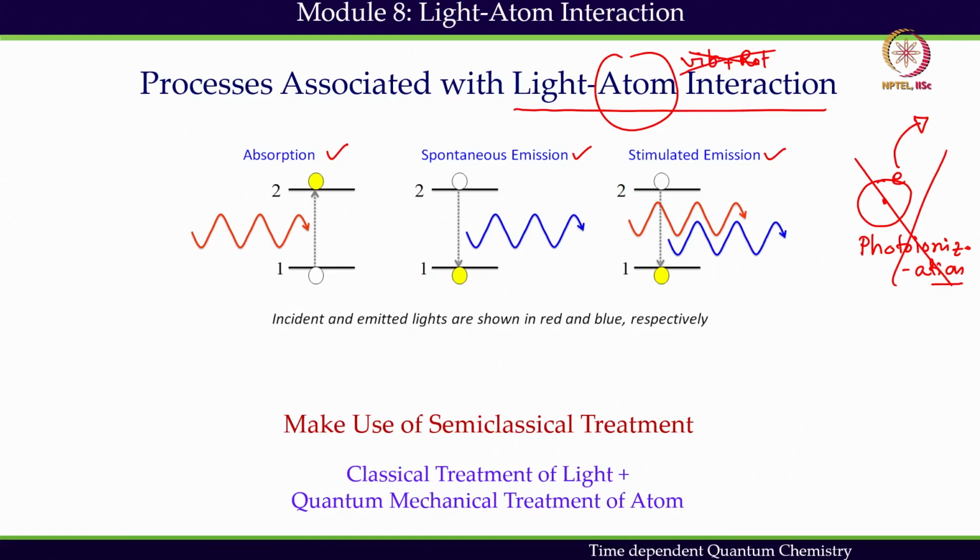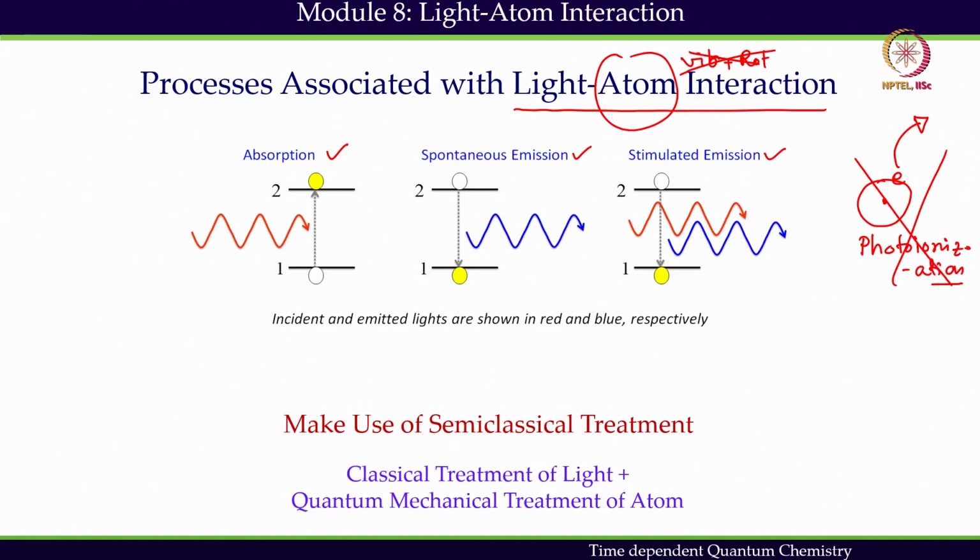For polyatomic molecules, it can have vibration and rotational transition as well, but we will go over it later. In this module, we will just focus on the light atom interaction, and which can render electronic excitation or de-excitation process in terms of absorption, spontaneous emission and stimulated emission.